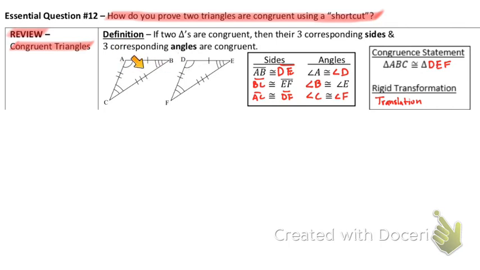They're exactly the same triangle, same size, same shape, everything. They just moved over. So this is the definition of triangle congruence. If 2 triangles are congruent, then you can say all these things about it. All the angles are equal and all the sides are equal. Or in geometry, they are congruent.